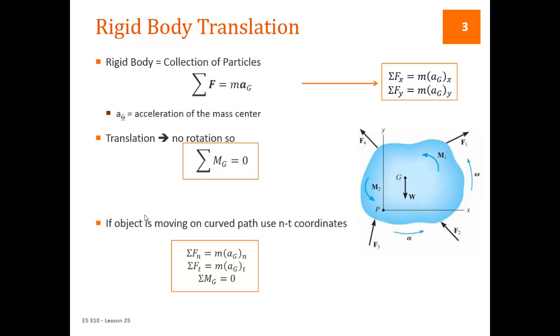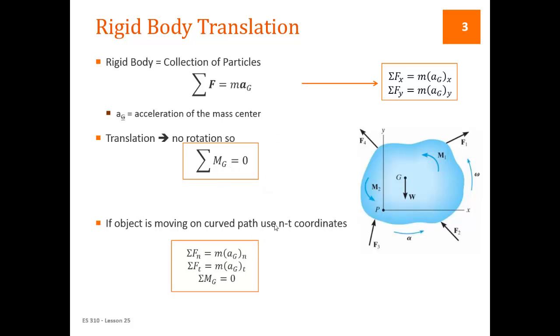2 lessons ago we looked at rigid body translation, where there is no rotation, which gave us a set of 3 equations relating the sum of forces in the x and y directions, or the n and t directions, being equal to the mass times the accelerations of the center of gravity in those 2 directions, and the relationship that the sum of the moments is equal to 0.